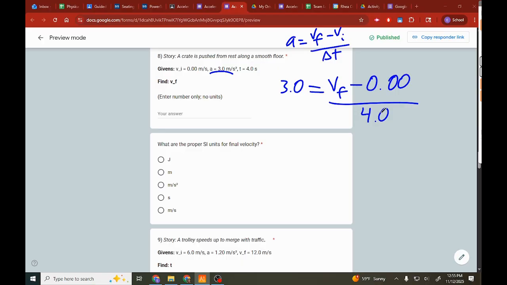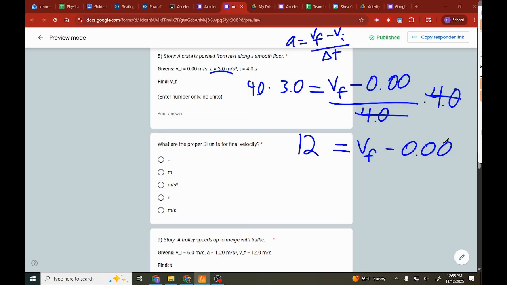So, trying to get VF by itself, we first have to deal with this divided by 4 business by multiplying both sides by 4, causing those to cancel out, and we get 12. Now notice that I didn't put 12.0.